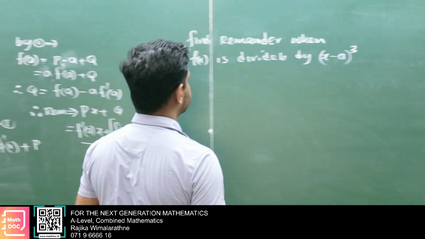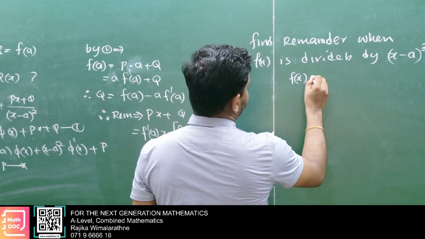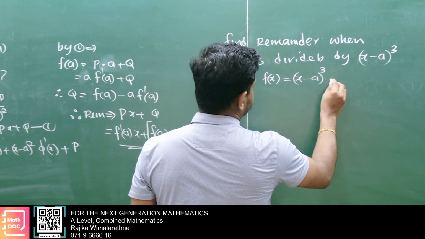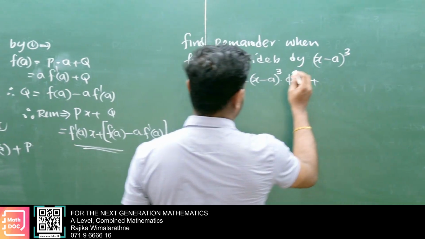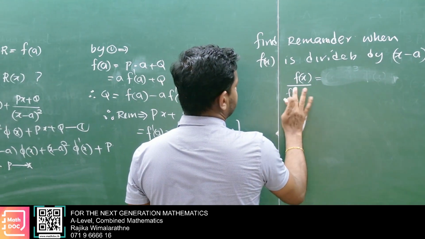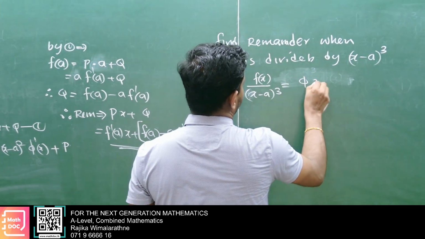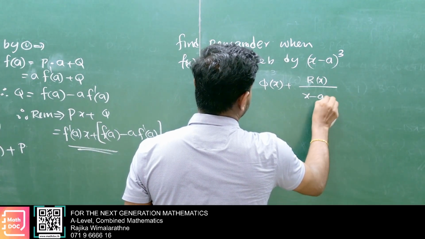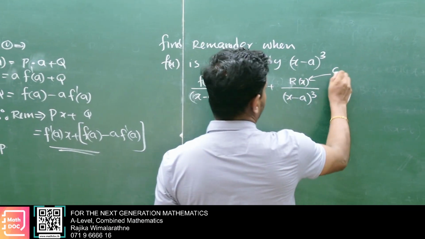Okay, see. f(x) divided by x minus a cube gives quotient phi(x) and remainder r(x). Here the divisor is cubic, so r(x) will be quadratic.